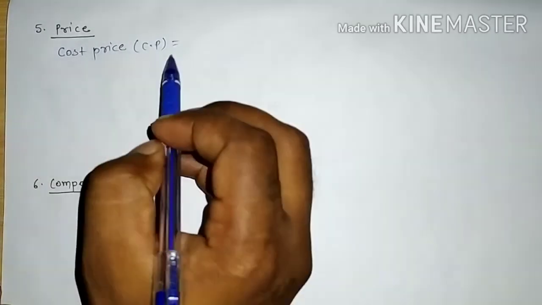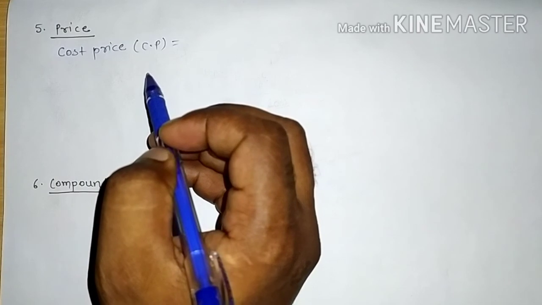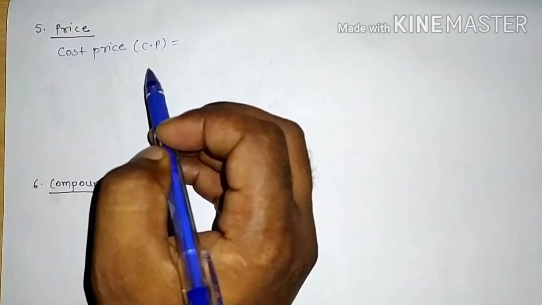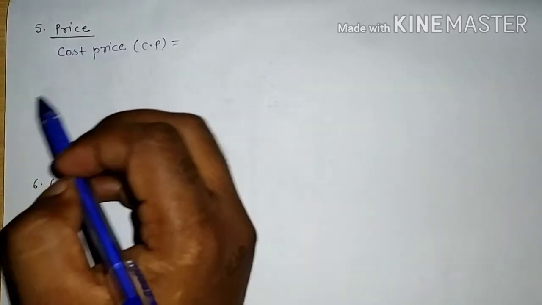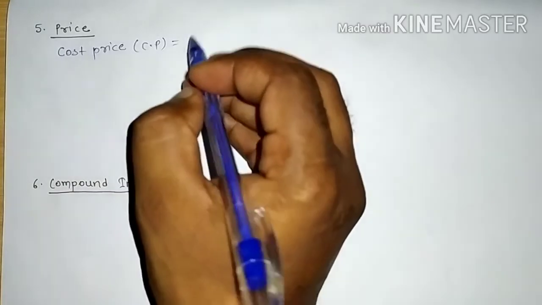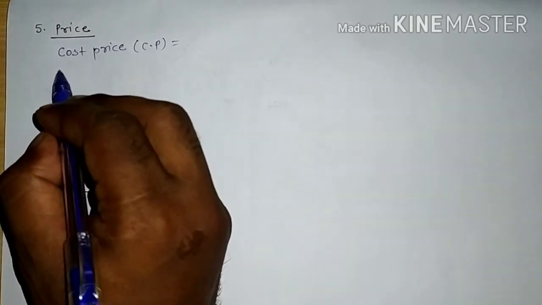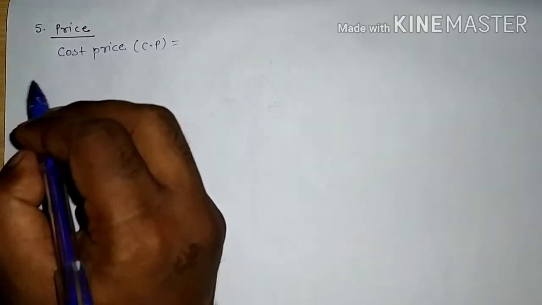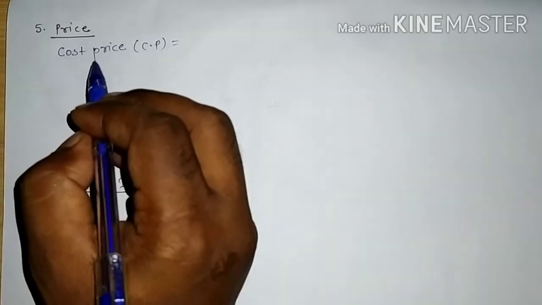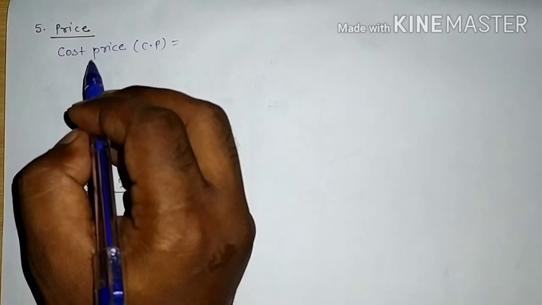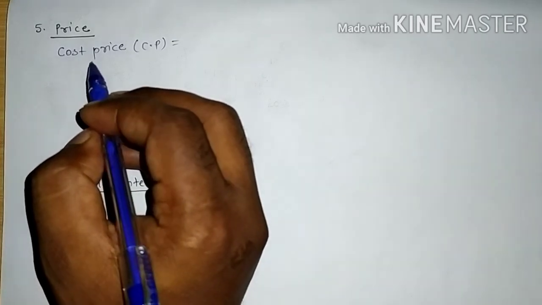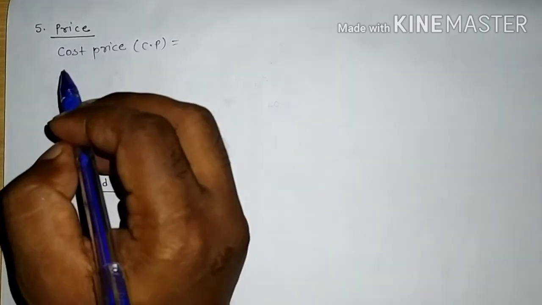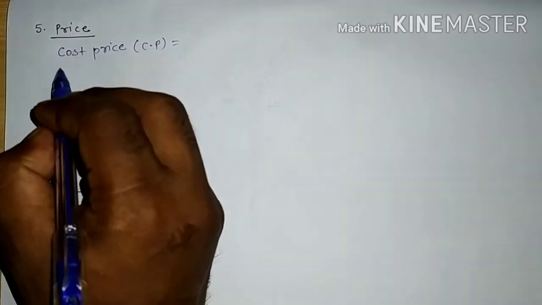Cost price is the price by which the shopkeeper buys the things, and selling price is the price at which the shopkeeper sells the things.